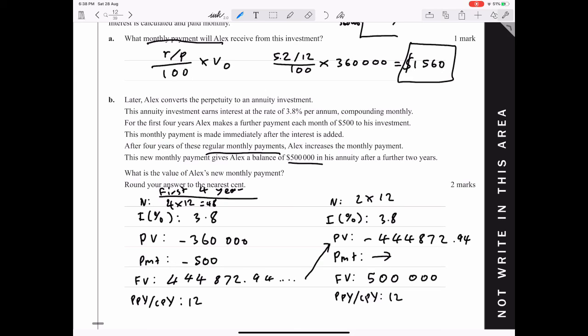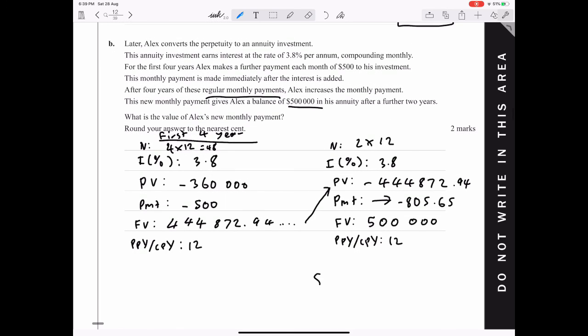So if you do that on your calculator, you'll get negative 805.65 to the nearest cent. So therefore, $805.65 is the value of Alex's new monthly payment.